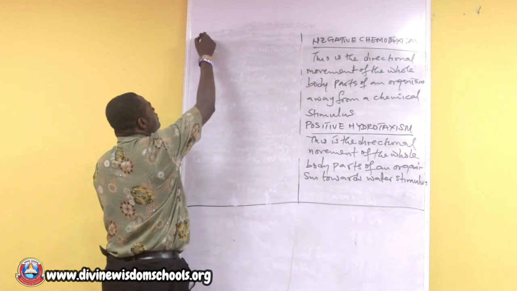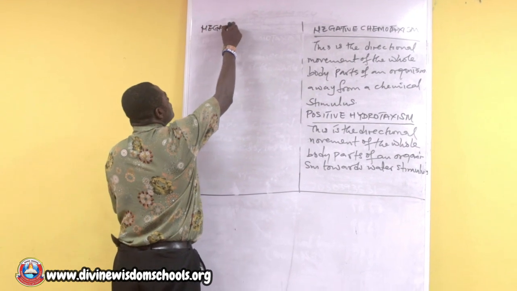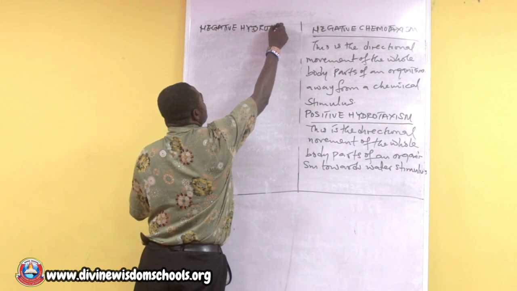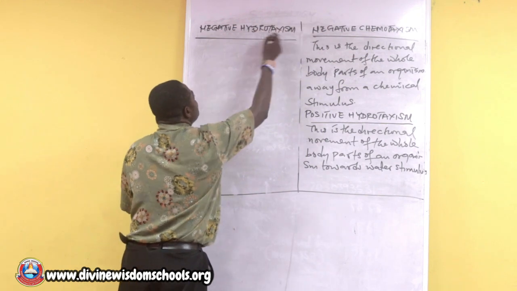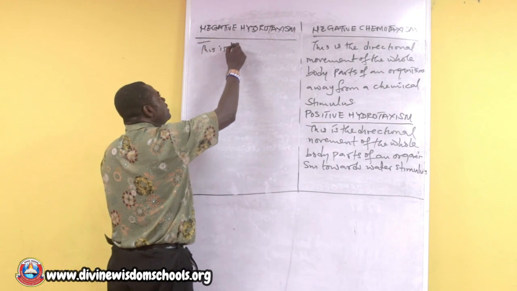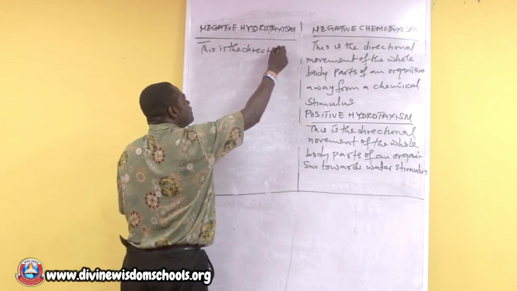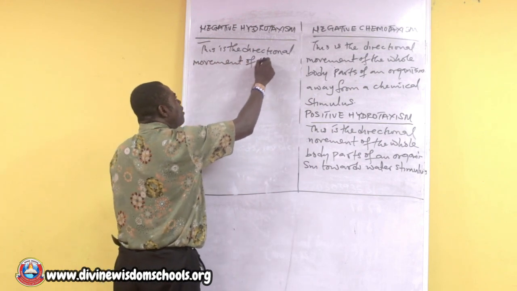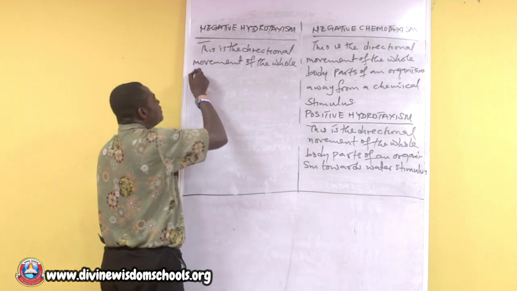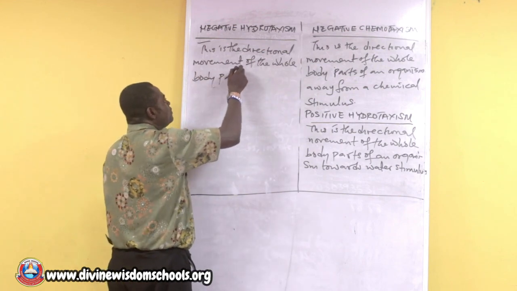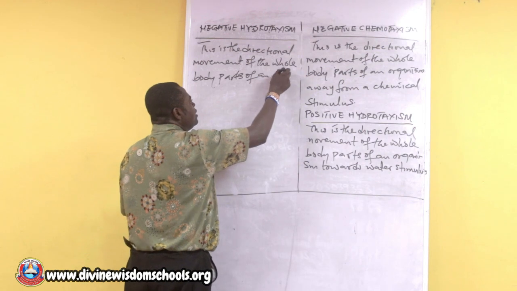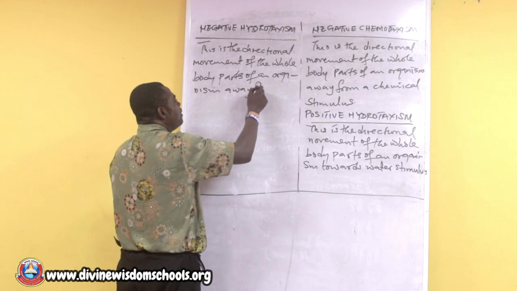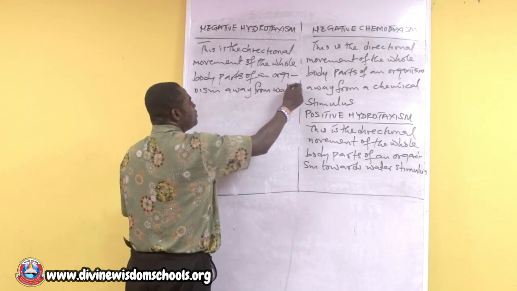Then the negative part of it, we still have negative hydrotaxism. This is the directional movement of the whole body parts of an organism away from water stimulus.